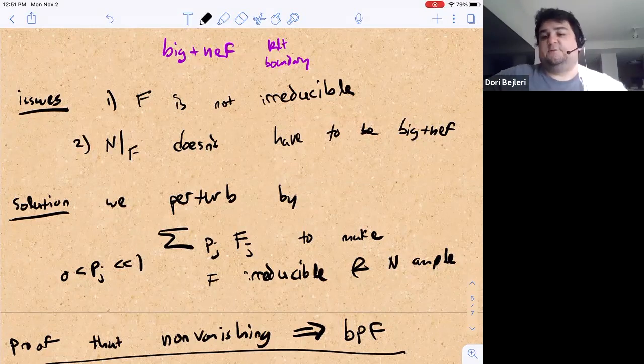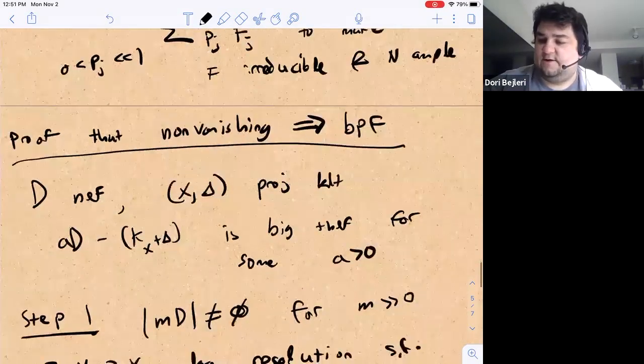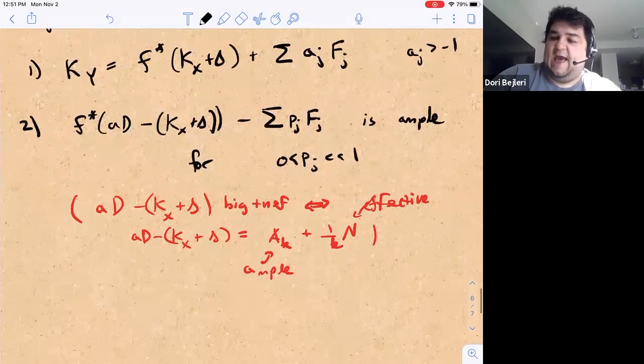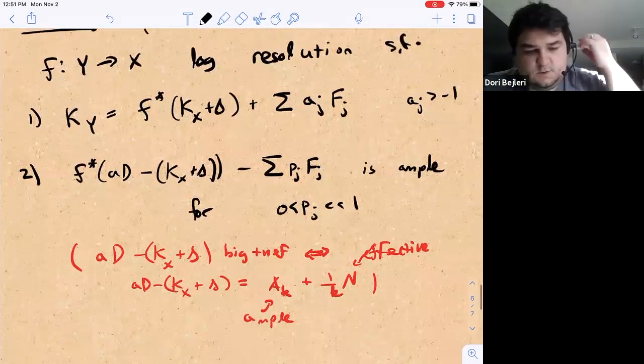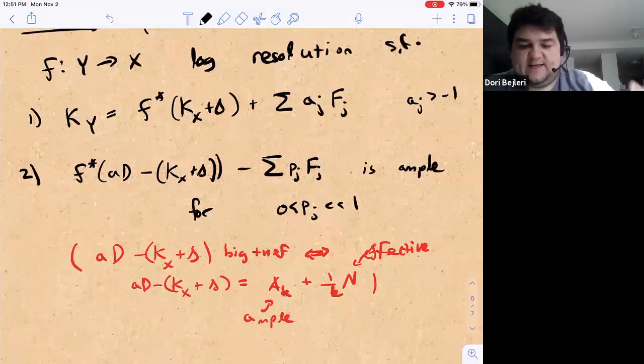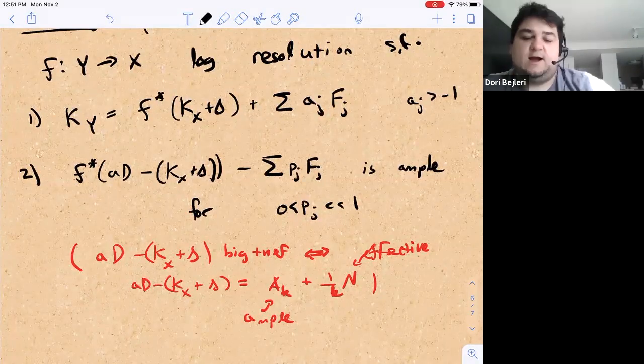So now that we have some ampleness instead of just bigness in our N, then 2 will be fine. But also because we get to pick the p's, we'll make 1 be fine as well, because here we can pick any p's that are small enough. And in fact, later we'll have to wiggle the p's around some more, depending on what other coefficients appear.